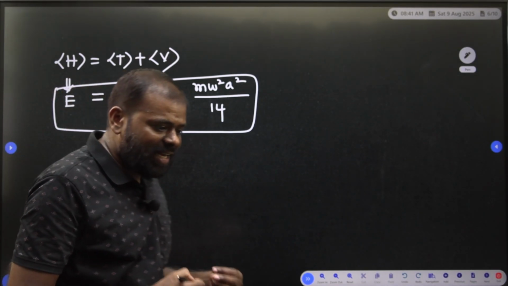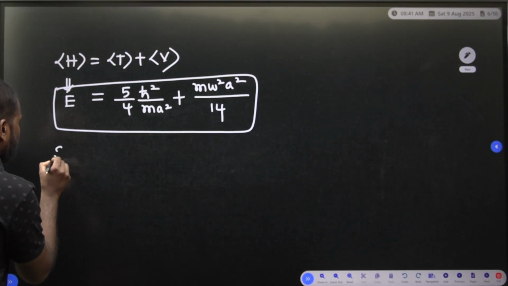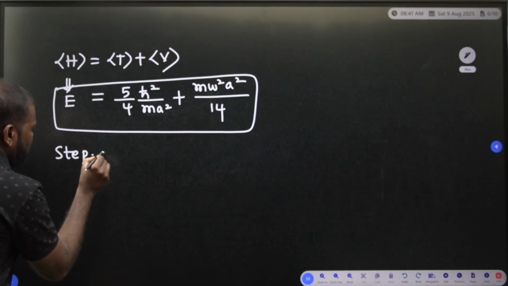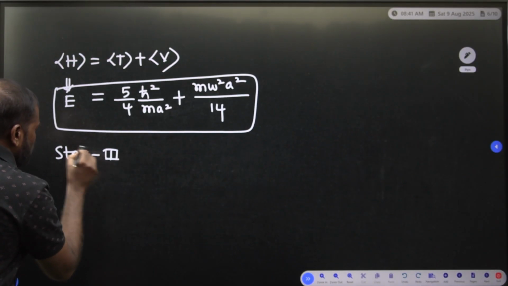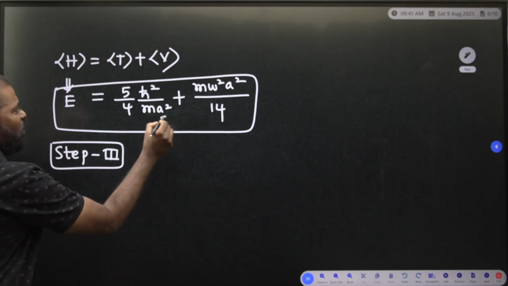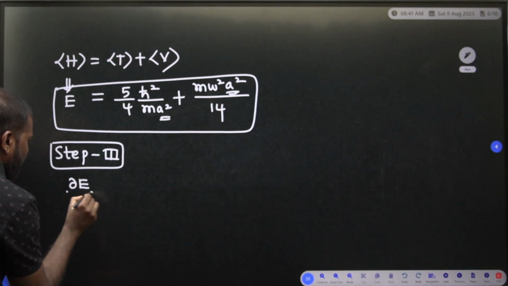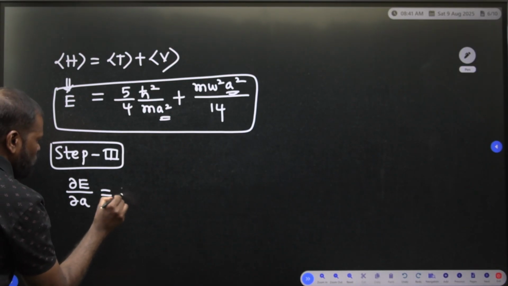So while calculating the energy, what we have to do? We are going for step 3. We are minimizing the energy. With which parameter? Only one parameter is variable, that's why dou E by dou a is equal to 0.